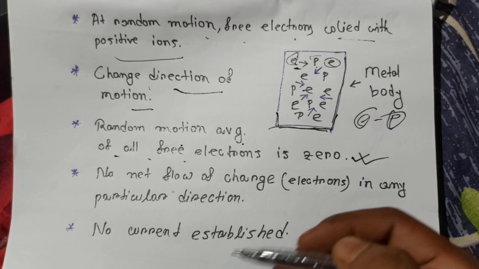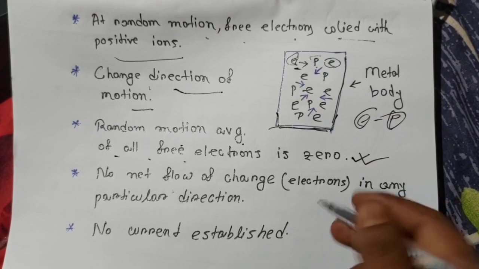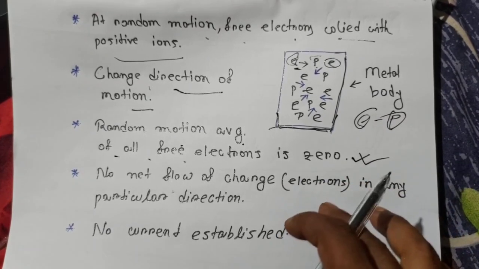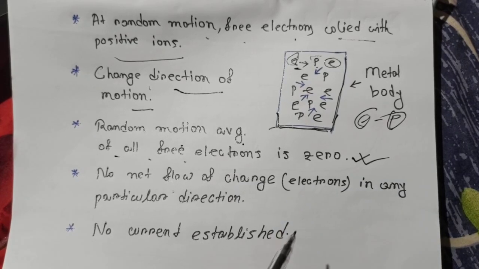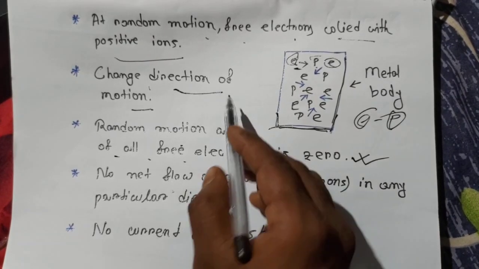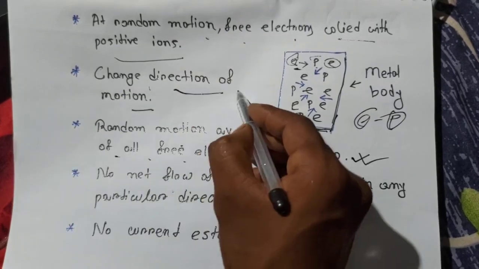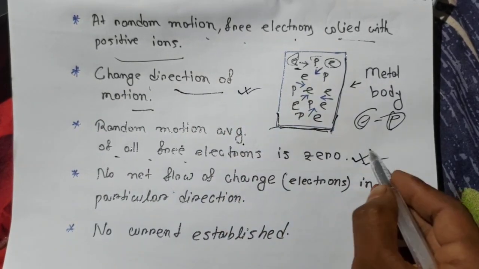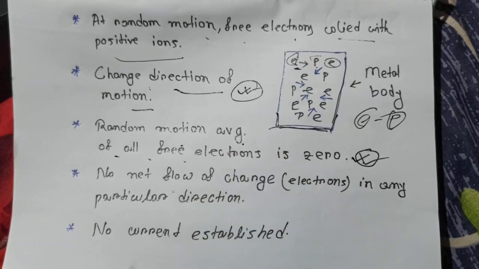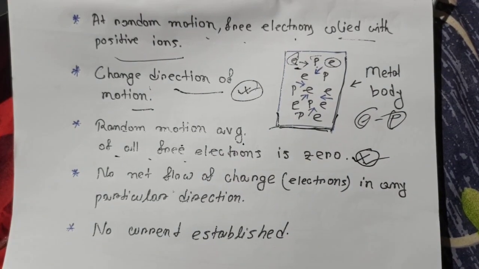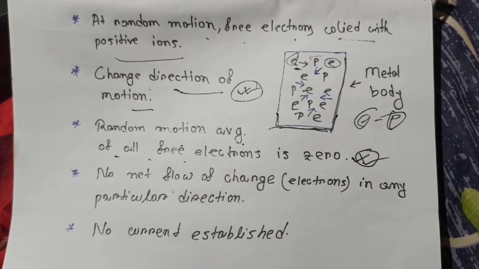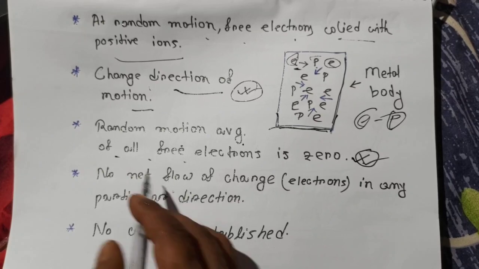Still there are free electrons moving continuously and colliding with each other. These two main things are the reason that if you touch any good conductor, you will not feel any shock, and there is no flow of current in normal condition at room temperature.